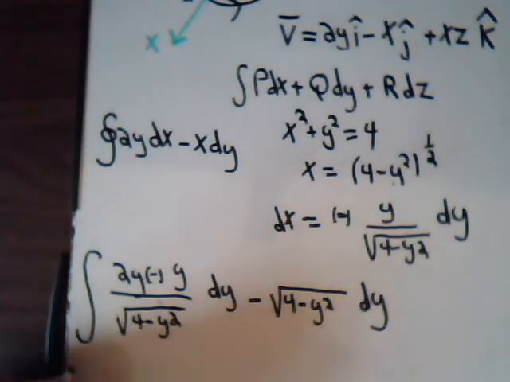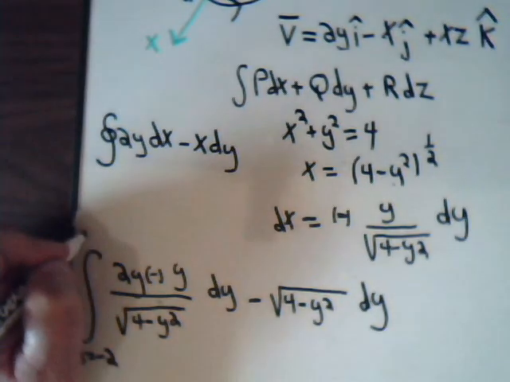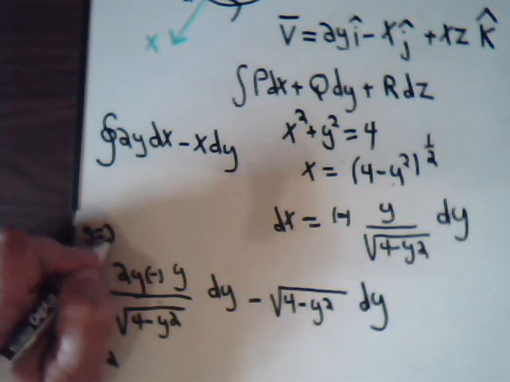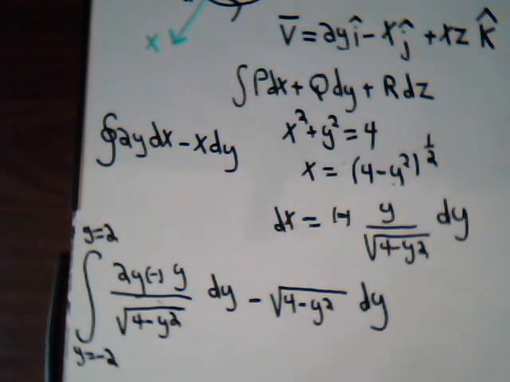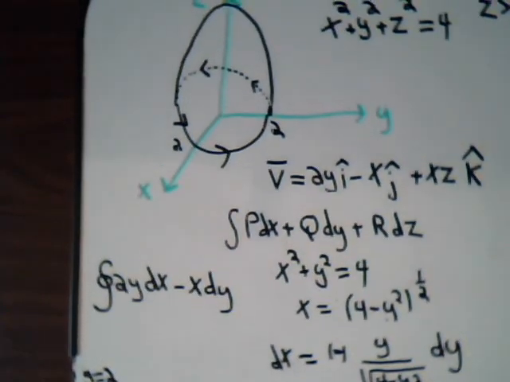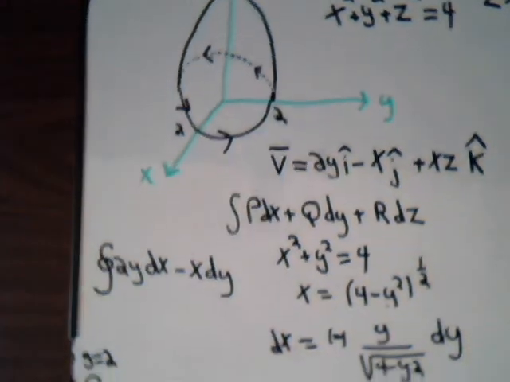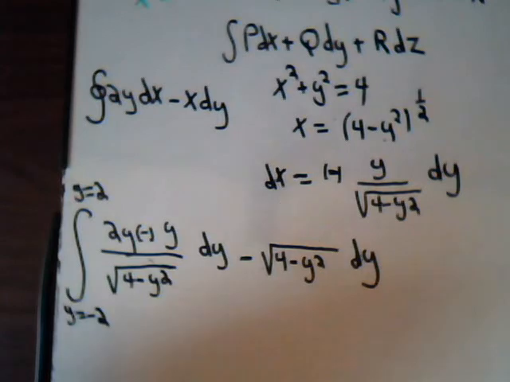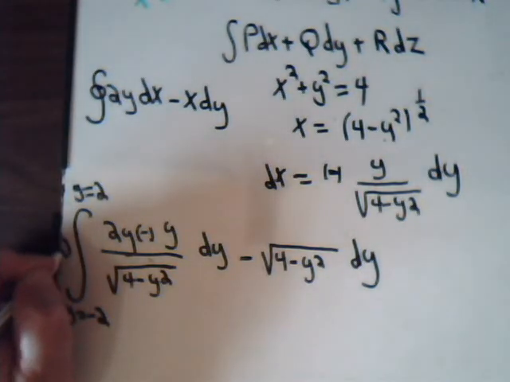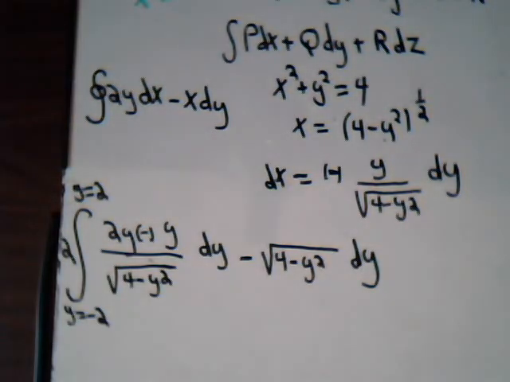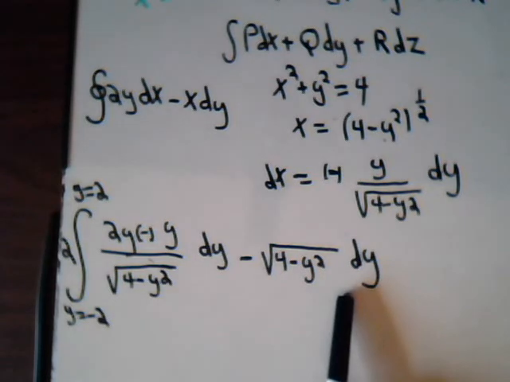Y goes from minus 2 to y equals plus 2. Then by symmetry, we can say for the whole circle, it will be 2 times that integral. So here's the integral that we've got to work with.